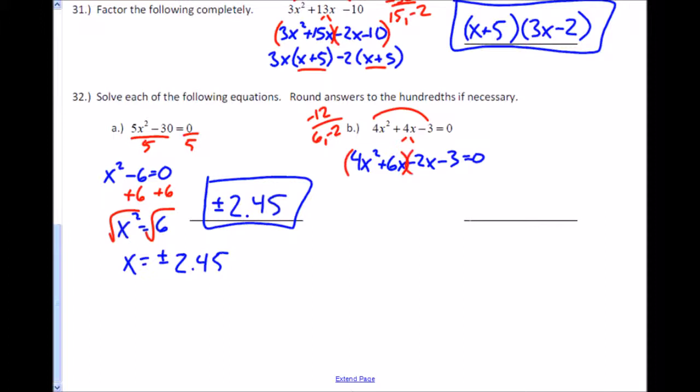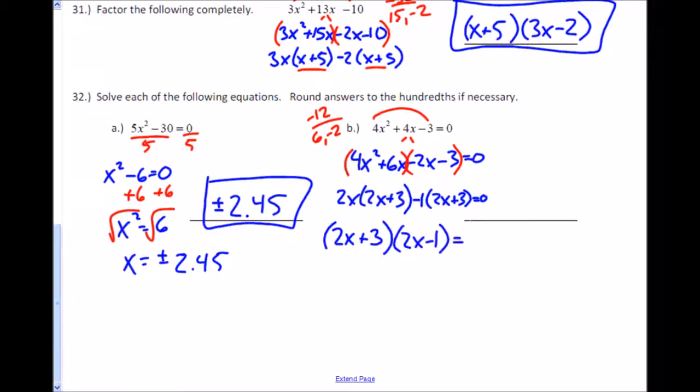I group the first two together, the second two together. Out of the first two, I can factor out a 2x, which leaves me with a 2x plus 3. Out of the second two, I can factor out a -1, which leaves me with a 2x plus 3. And now my two factors are the 2x plus 3, that's the thing that's in the parentheses, and the 2x minus 1. To finish all of my factoring, I have to set each factor equal to 0.